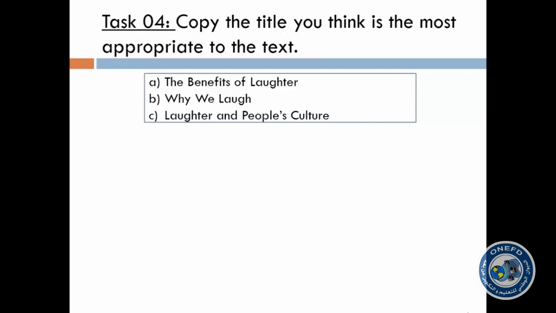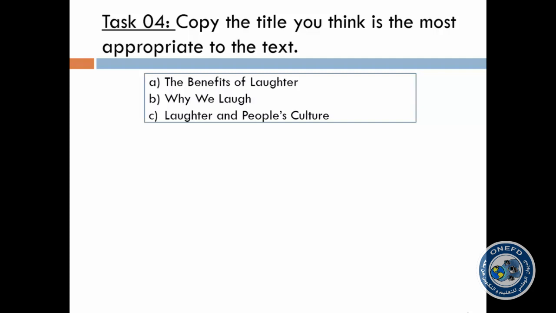Task 4. Copy the title you think is the most appropriate to the text. You have 3 choices and you need to choose the best or the most appropriate title for the text. A, the benefits of laughter? B, why we laugh?